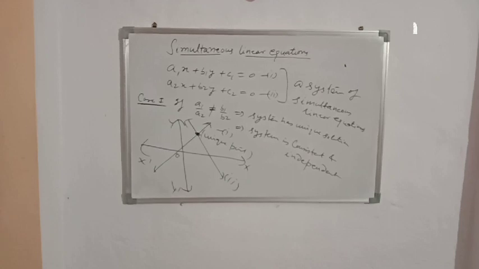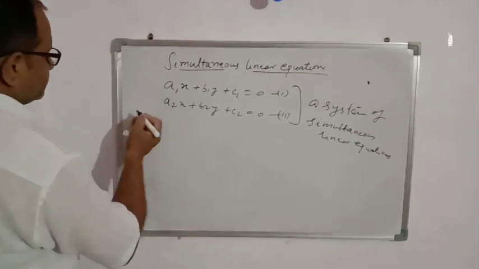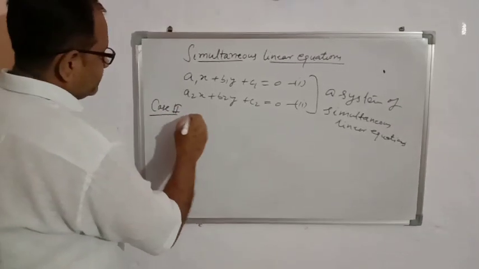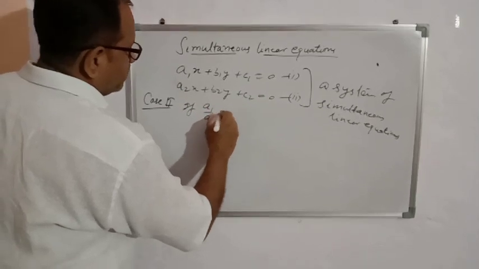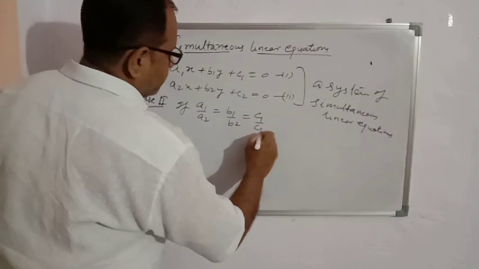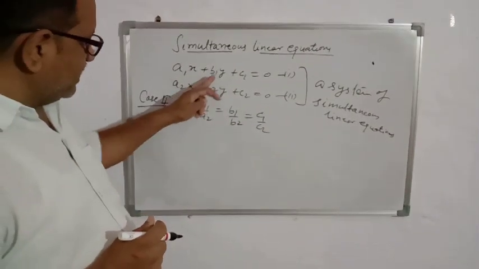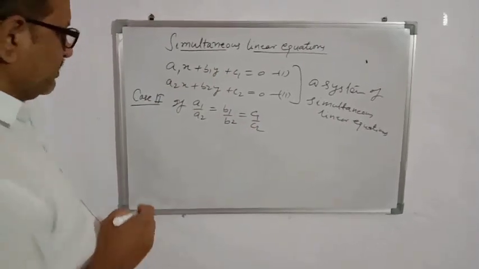See the second case. Second case, if a1 upon a2 is equal to b1 upon b2 is equal to c1 upon c2. The ratio of coefficients of x, the ratio of coefficients of y, and the ratio of constant terms are all equal.